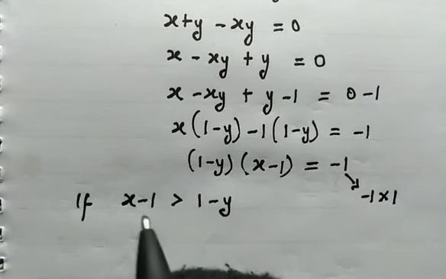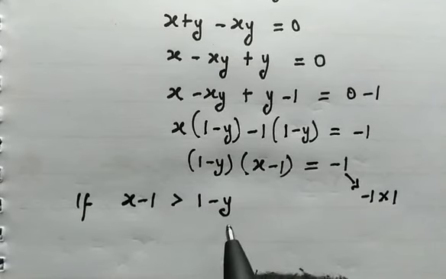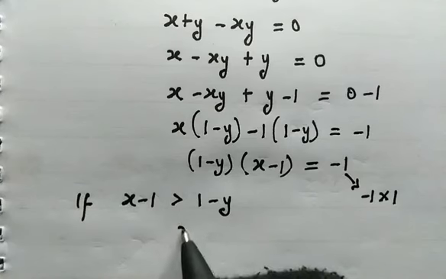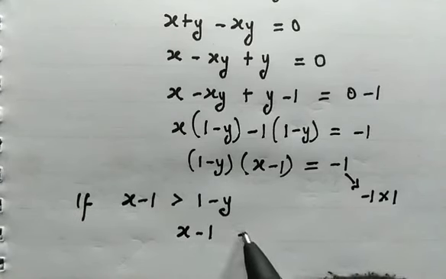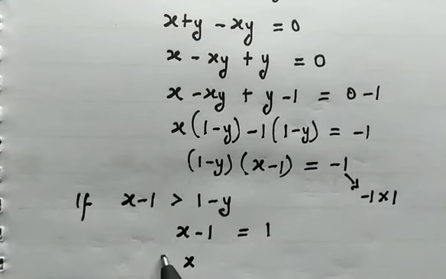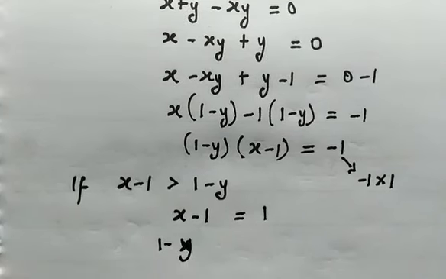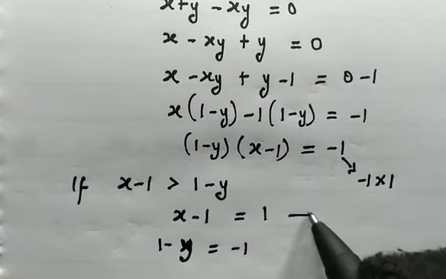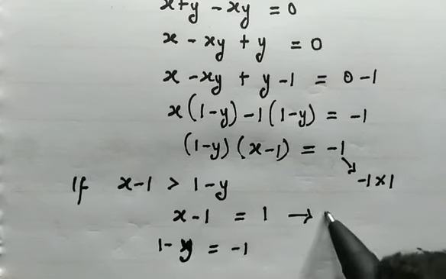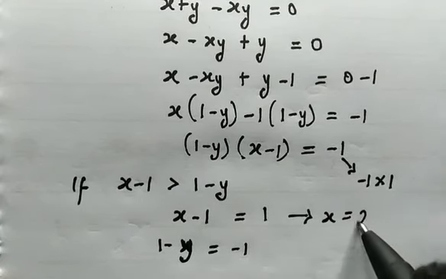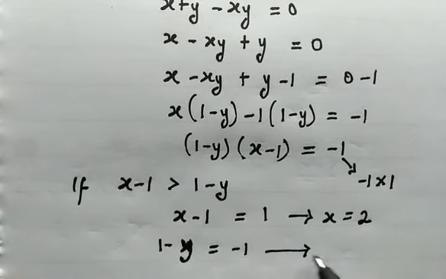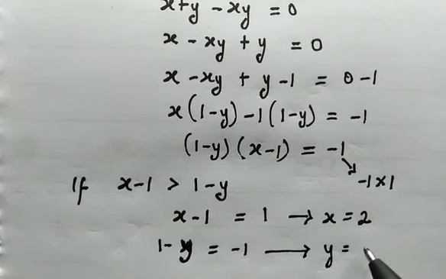So if x minus 1 is greater than 1 minus y, then x minus 1 must be equal to 1, and 1 minus y is equal to negative 1. From here, if you solve for x, x is equal to 1 plus 1, which is 2. And if you solve for y, y is equal to 1 minus negative 1, which is 1 plus 1, and that will give us 2.